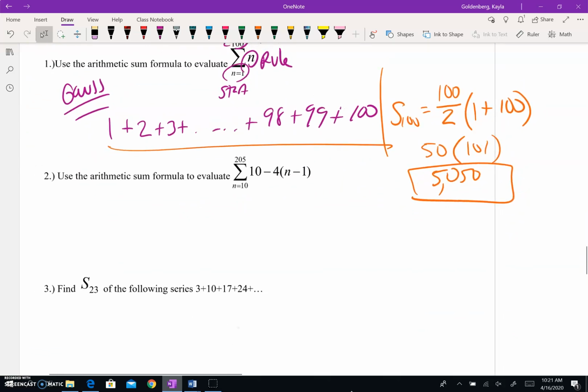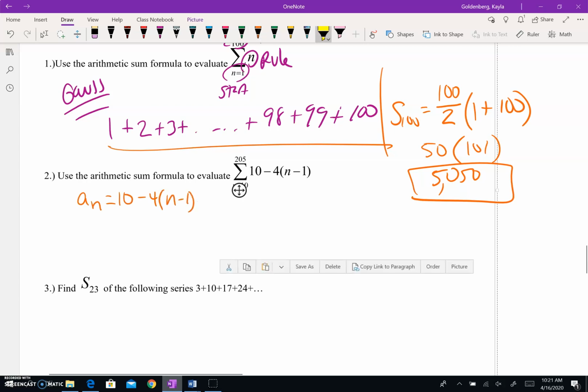This one is a different rule. We've got a new rule. If you want to think about your general rule like this, notice it's written in the general notation, it's got the n-1. Once in a while, they'll give you something that is not the actual arithmetic sequence, and you'll have to write out the first couple numbers before you see the rule.